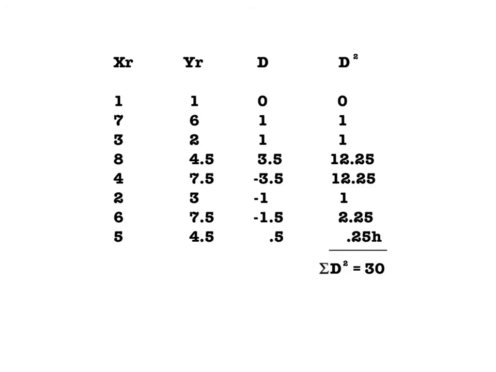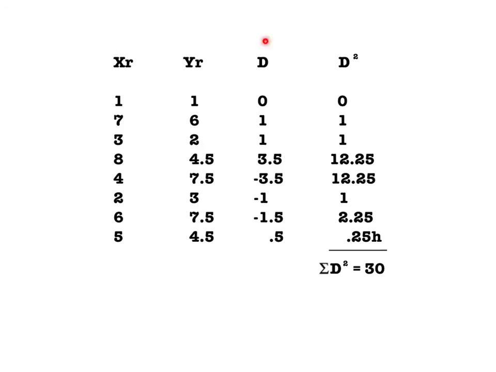Okay, once we have the ranks, we no longer deal with the original data. So I've eliminated that, and you can see that all I have here on the screen are the ranks of X and the ranks of Y. So to proceed, what we first need are the difference scores, and we just get that by subtracting the rank of Y from the rank of X. And in the first case, that value is 0. 7 minus 6 is 1. 3 minus 2 is 1, and so on.